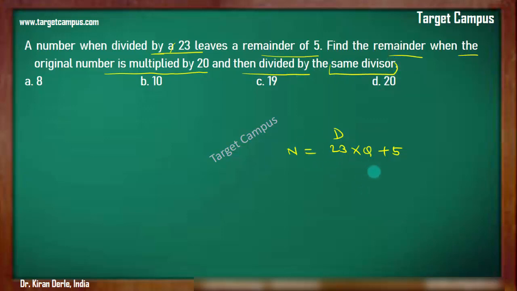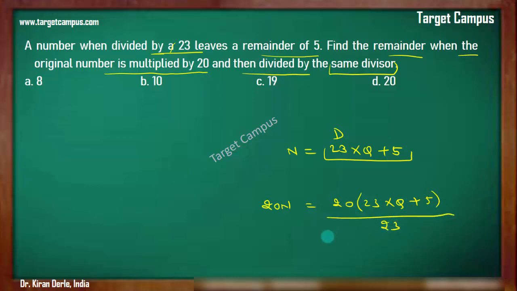So the number is multiplied by 20, so 20n will also become, this side will also get multiplied by 20. This is actually n, so if you multiply this by 20, this will also get multiplied by 20 into q plus 5 upon 23.